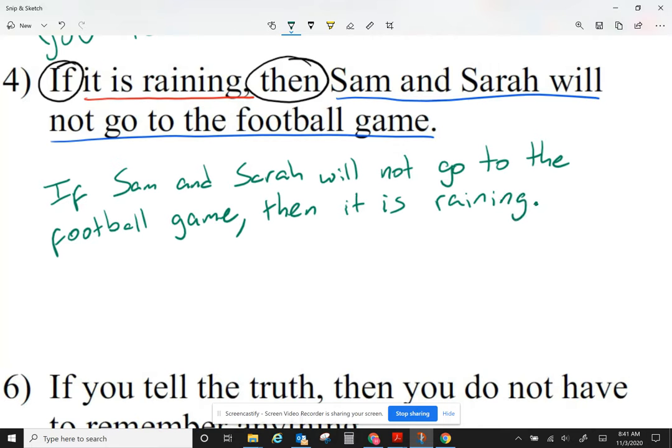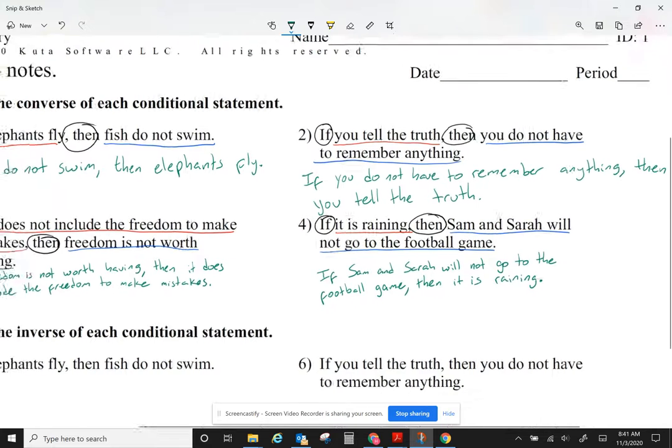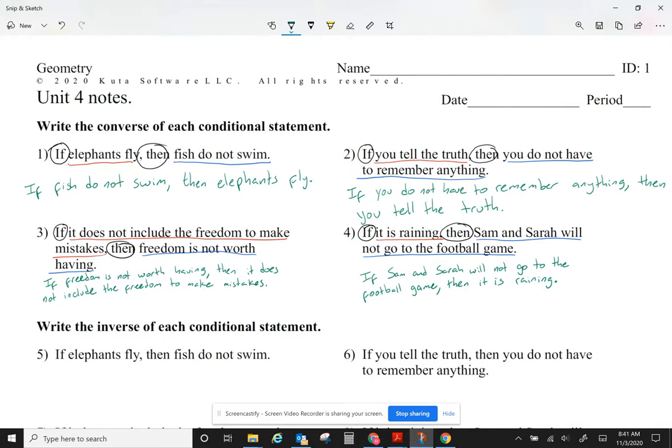And once again, let me emphasize, don't forget the period at the end. So when I ask you for a converse, the converse is when the hypothesis and conclusion switch places.